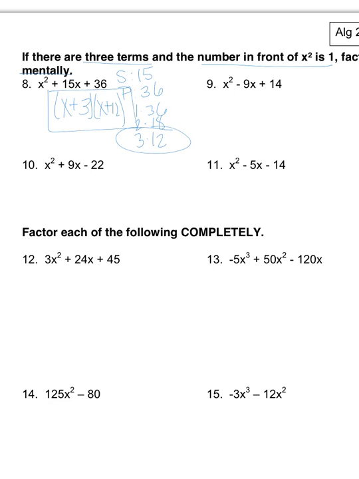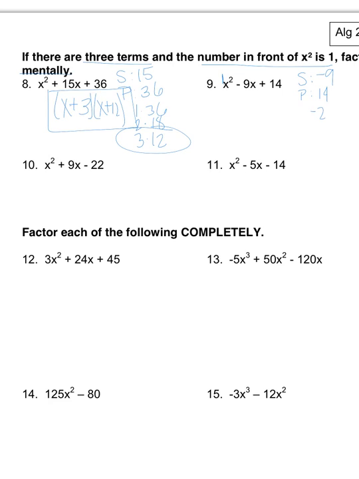Okay, so looking at 9, always check for GCF first, but notice they don't have one. 3 terms, coefficient of your x squared is a 1, so you want the sum to be that middle number, which is negative 9, and you want the product to be 14. So since you're adding to get a negative, multiplying to get a positive, both of them would have to be negative.